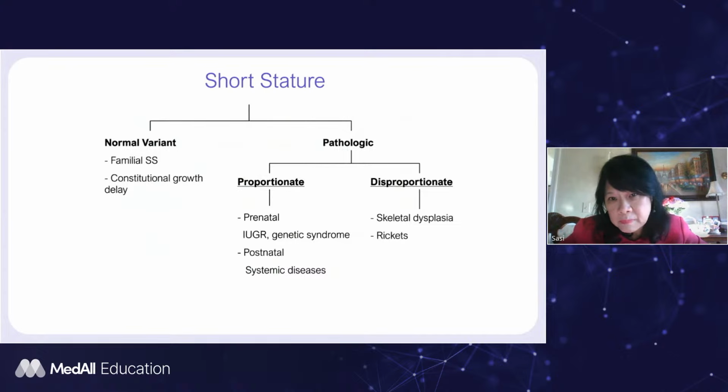The right side is pathologic causes of short stature, and it's easy to classify by looking at the child to see if the child has proportionate or disproportionate growth. If you see disproportionate growth like short arms, short legs, we need to think about skeletal dysplasia or rickets. If proportionate growth, then it can be genetic syndromes or causes due to systemic diseases.